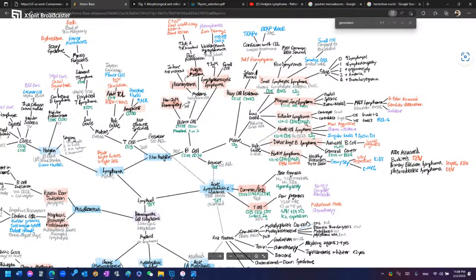Follicular is a little worse, and there's different sizes, interestingly. This one has CD10, also in Burkitt's, which means it grows a little bit faster, I suppose. Mantle cell is actually really bad. Mantle is on the edge of the follicle, and that's a lot worse.